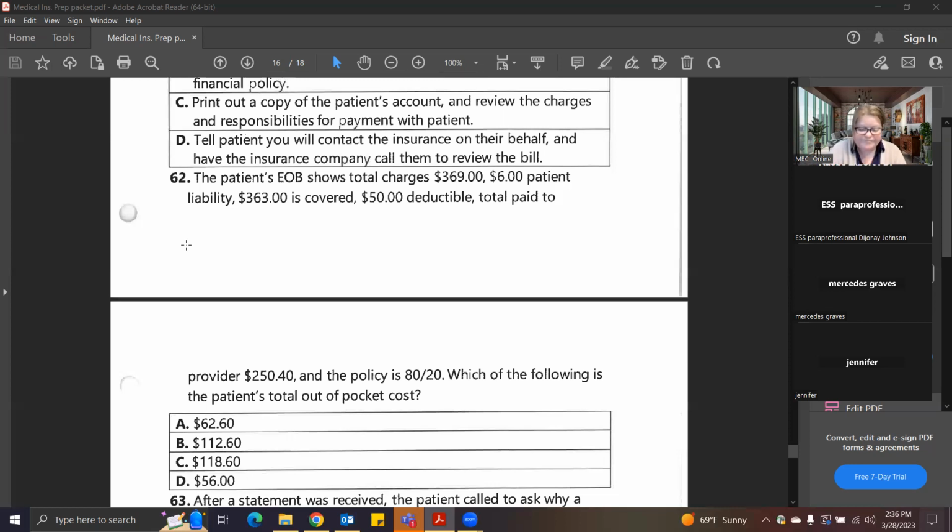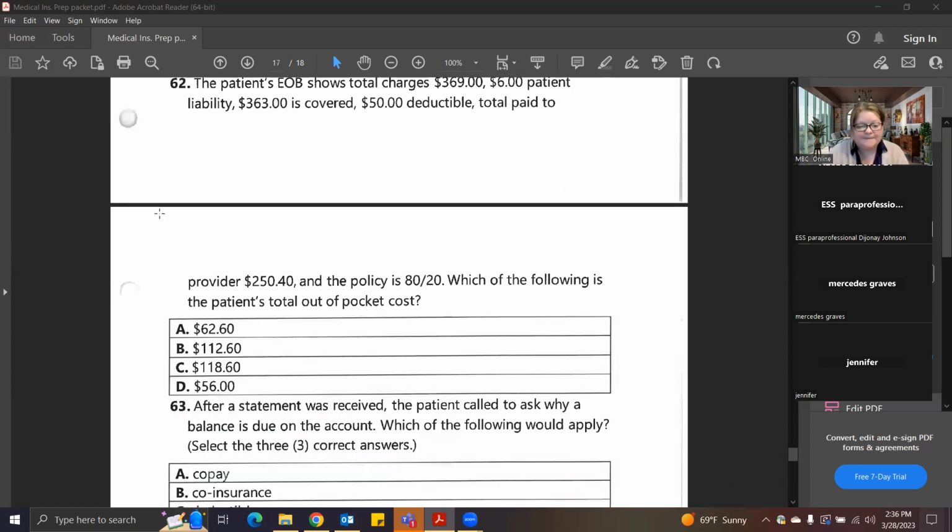Okay. So B, $112.60. Can you tell me why they have C? The little packet? It's wrong. It's a mistake. It's not correct.